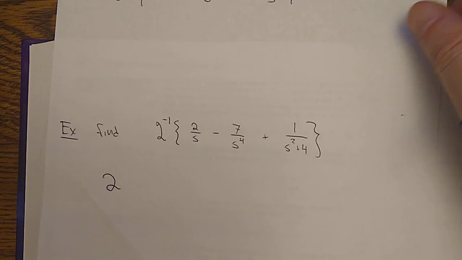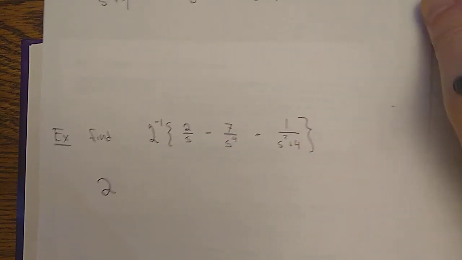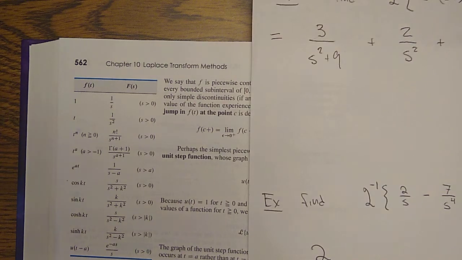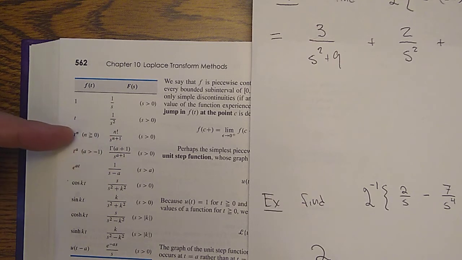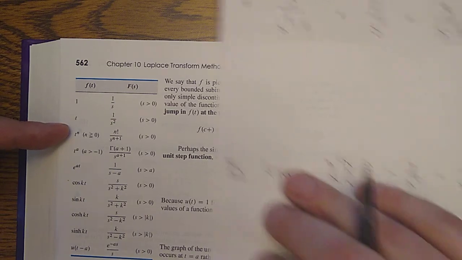Now, let's see here. I've got a 7 over s to the 4th. The way that I get powers of s is like this rule. So this is telling me, I want to have s to the 4th on the bottom, so maybe n is 3.